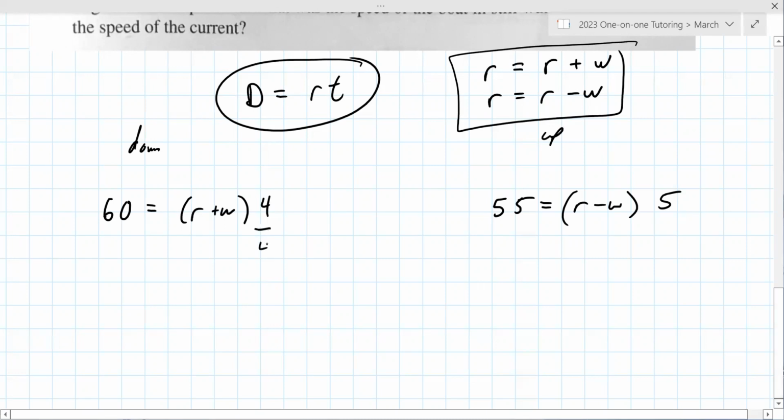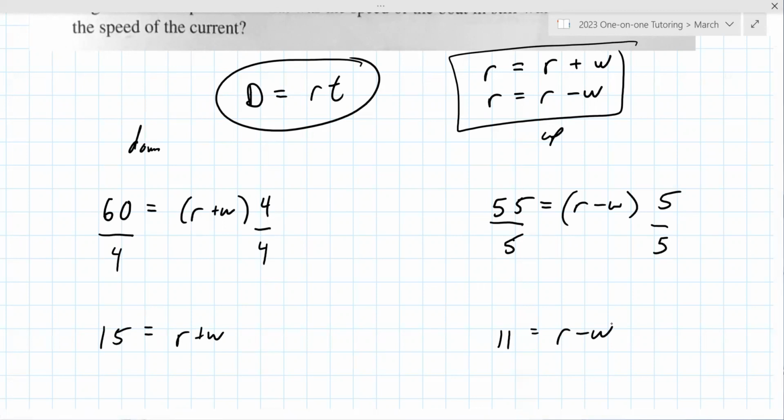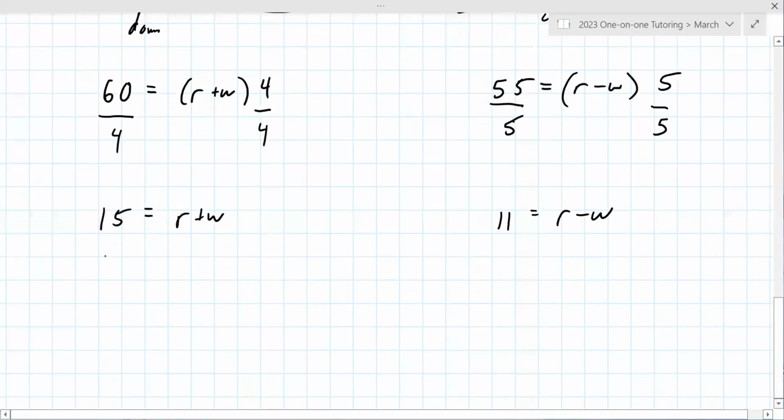So you don't see this often, but you want to actually divide by 4 and divide by 5. Okay. So 15 equals r plus w, 11 equals r minus w. All right. So then you would add them. And by adding them, you see that there's a cancellation.